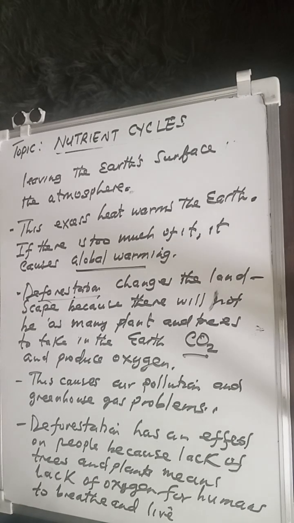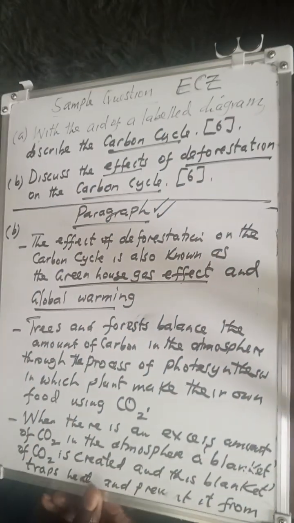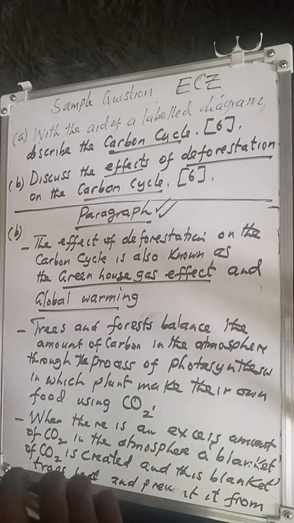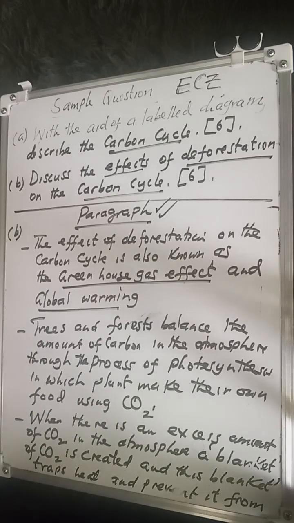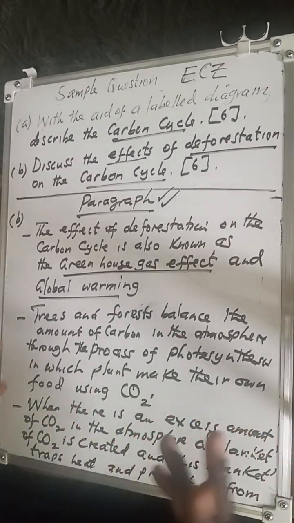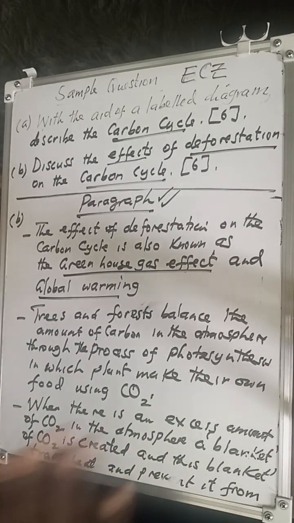You can talk about these points and many others when you're highlighting that. So let me recap what you can look at. Deforestation can cause greenhouse effect and global warming. Trees absorb much of the carbon dioxide through photosynthesis, which helps to keep a balance of gases in the atmosphere.